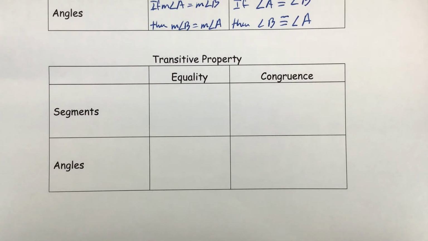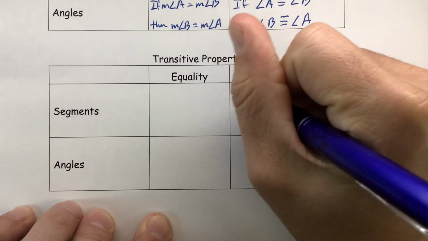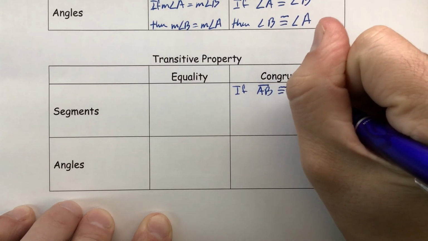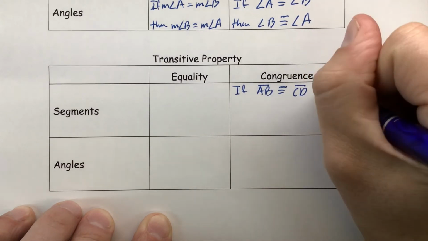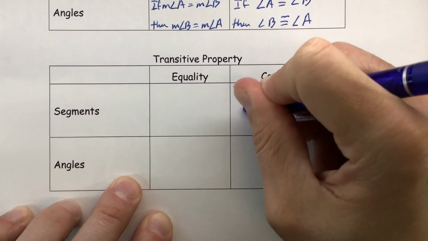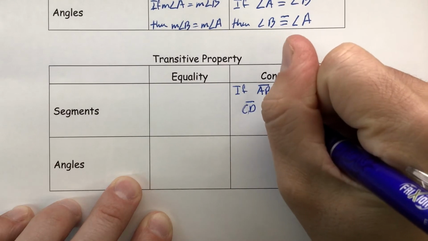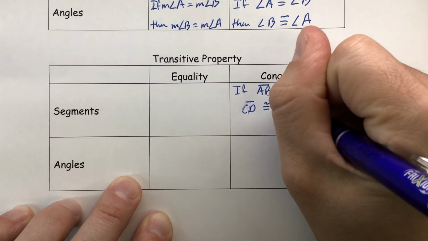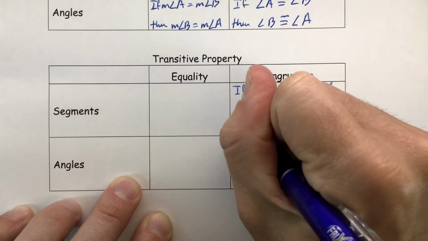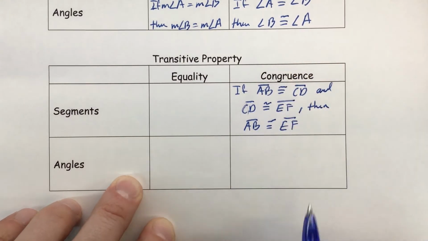All right, so for segments and congruence, what this would say, it's a little bit of a long one. If line segment AB is congruent to line segment CD, and line segment CD is congruent to line segment EF, then line segment AB is congruent to line segment EF.